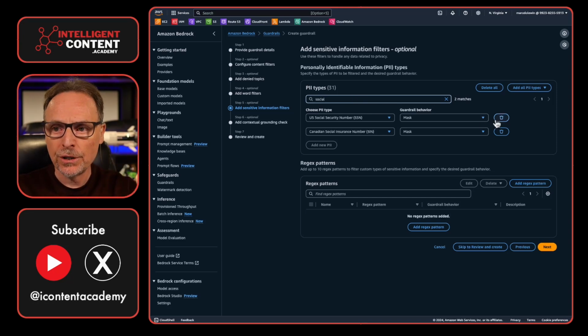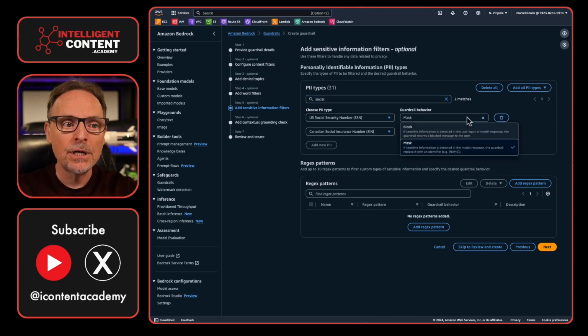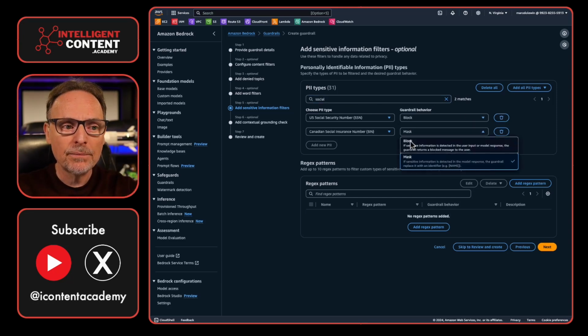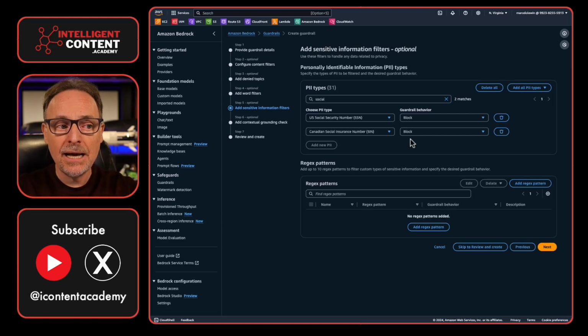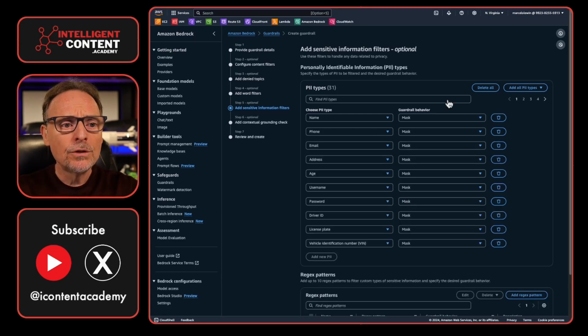There is the social security for US and for Canada, at least here. For those, I'm going to say block. So if a prompt includes information that is not these two, but it's PII, it'll mask it and return it. But if it includes information that is these two, it'll actually block the entire thing, and you'll see in just a minute.